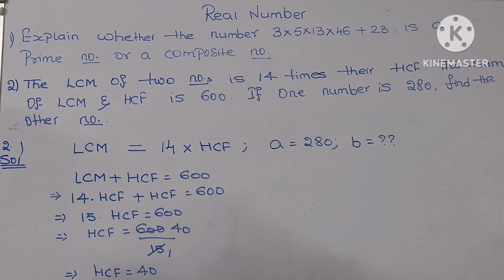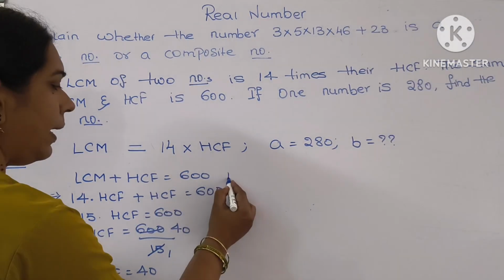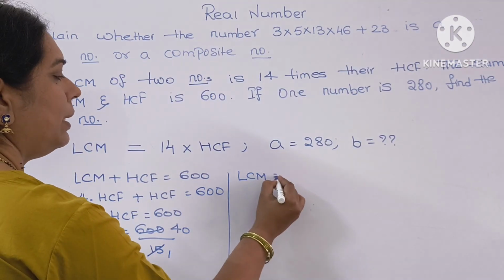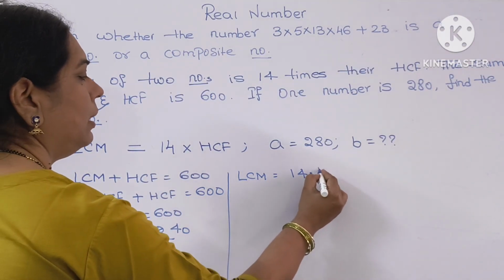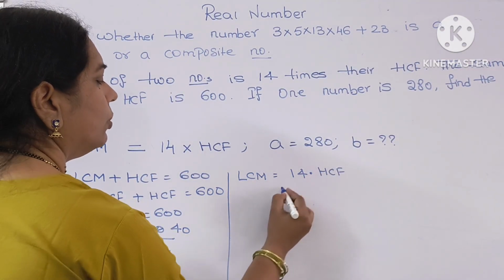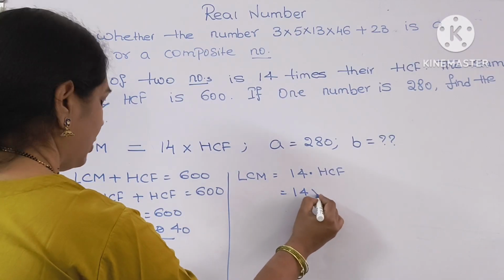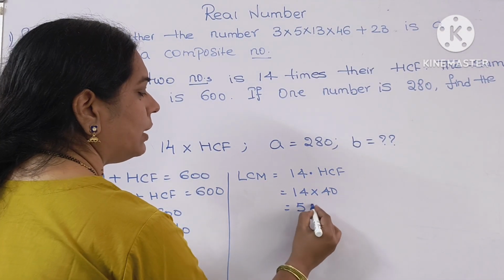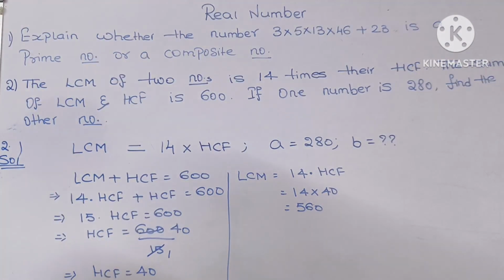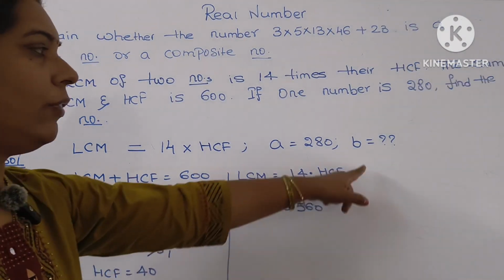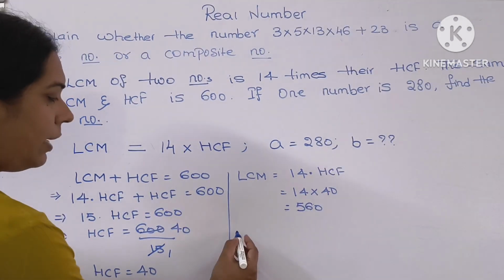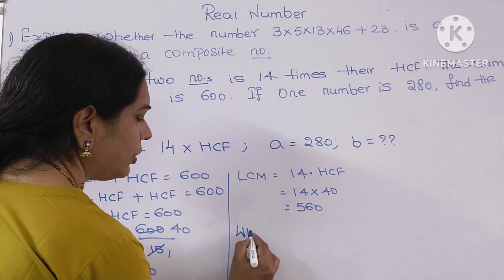HCF is 40. Now let us find the LCM. LCM is 14 times the HCF, so this is 14 times 40. 14 fours are 56, so LCM is 560. What are they asking? We have to find B. So we use the relation. Write the relation first.